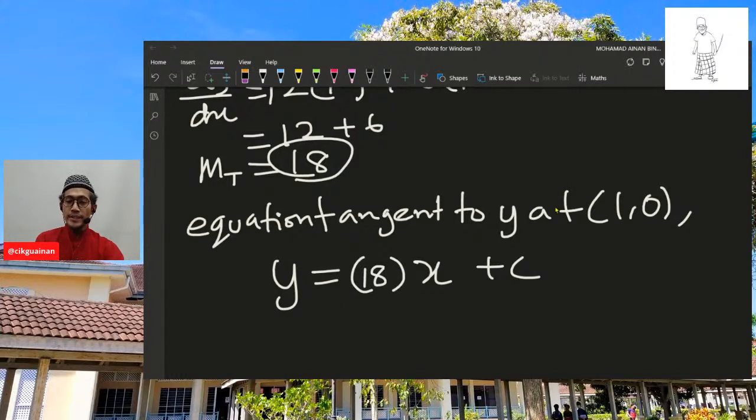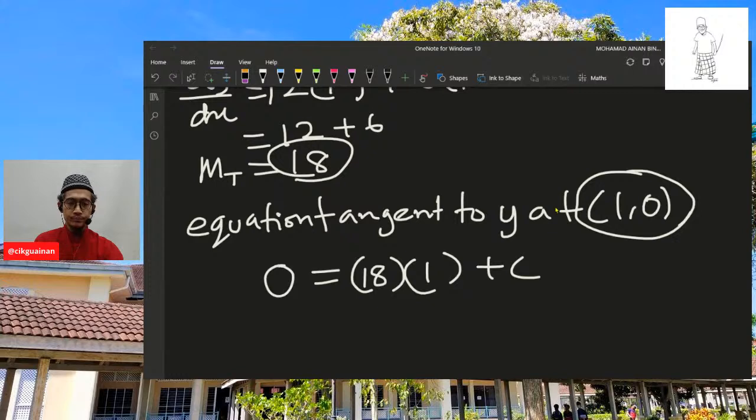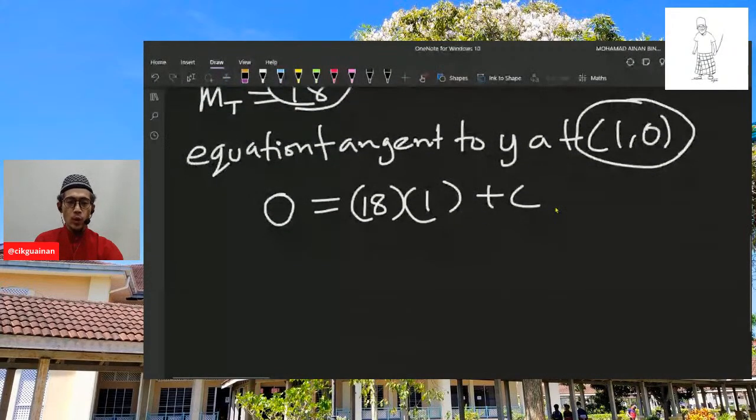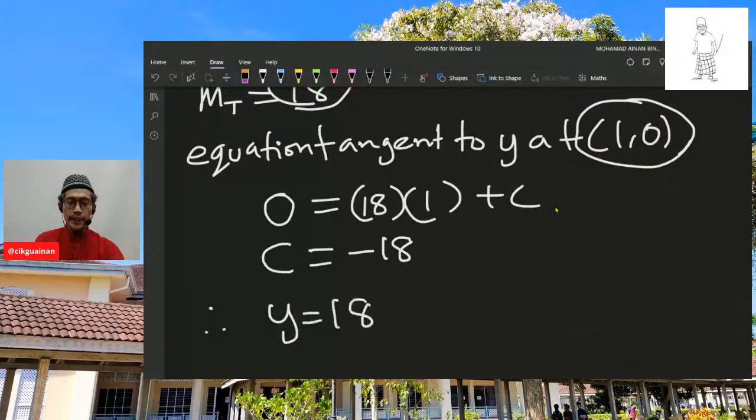Next, we substitute the point that touches the curve and the line: 1 here and 0 here, and then we solve for c. So it's minus 18. Therefore, the line is y equals 18x minus 18. So this is for the first question.